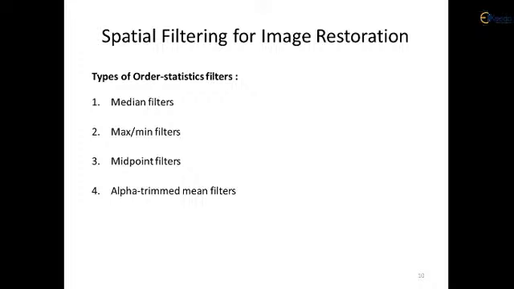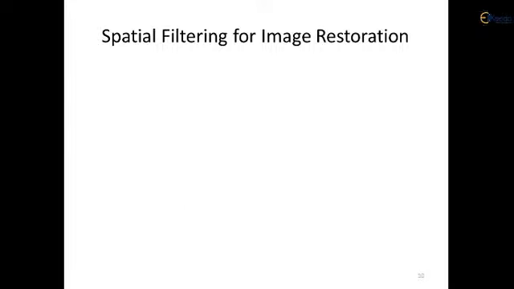So let us have the details of the first type of filter, the median type of filter. I hope the title is very self-explanatory. We have to find the median here. This is the best known filter from the subcategory of the order statistic filters.